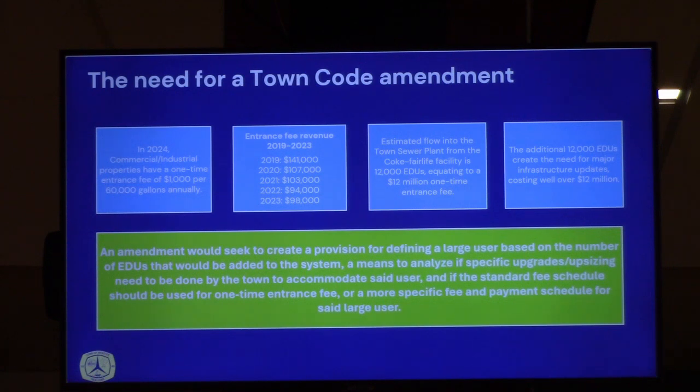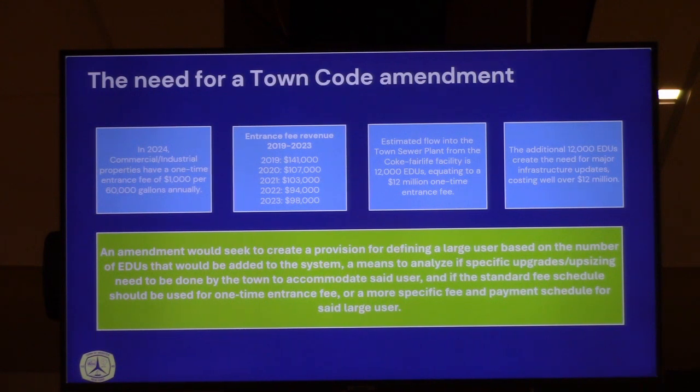You can see our entrance fee revenue from 2019 to 2023. Again, a lot of it is based on residential, quite honestly. The estimated flow from Coke Fairlife will be 2 million gallons a day, which is 12,000 EDUs, equating to a $12 million one-time entrance fee, which is great, right?